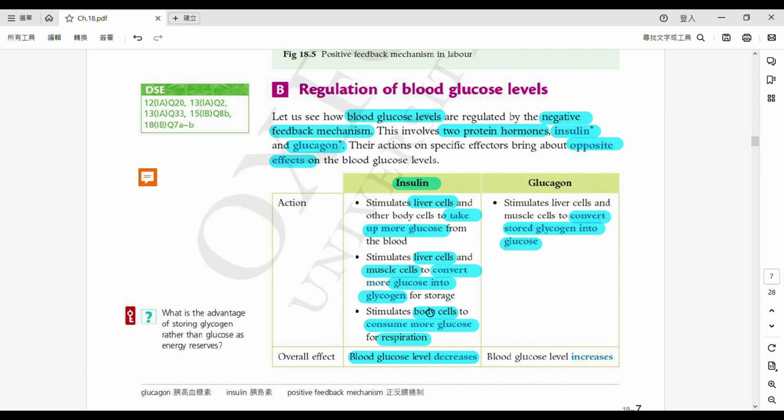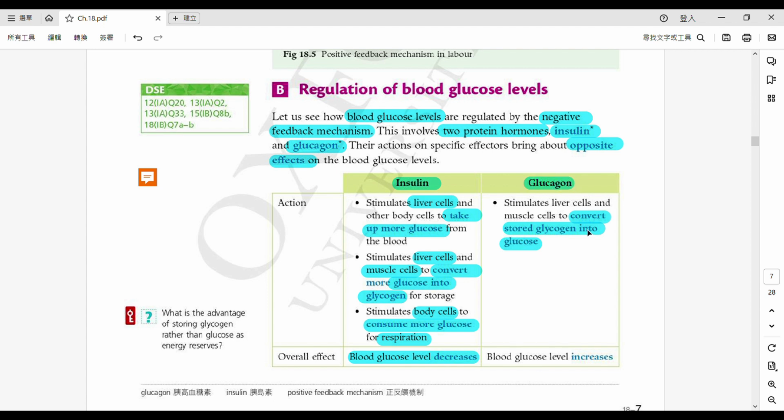One of them is in our liver, and the other one is in our muscles. So therefore there is this second point, that it stimulates liver cells and muscle cells to do a conversion.